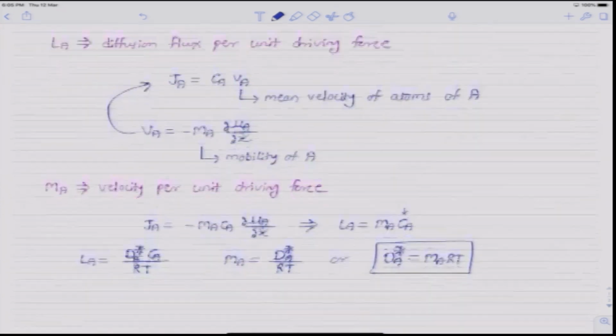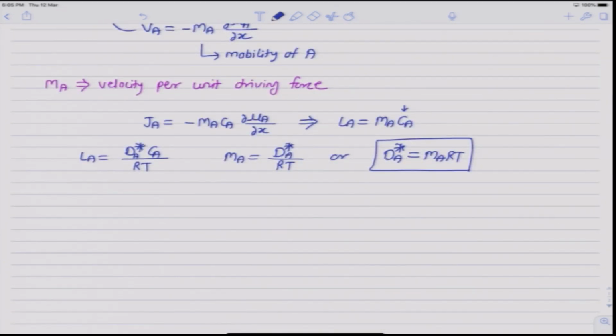Since we are using a single mobility to represent a single component here, this is valid when there is no net vacancy flow or the chemical potential of vacancies is 0.